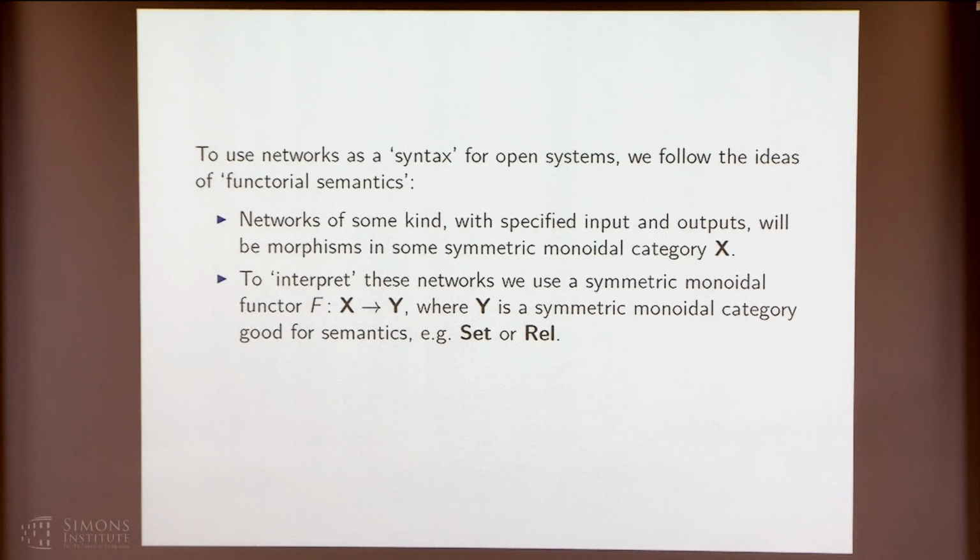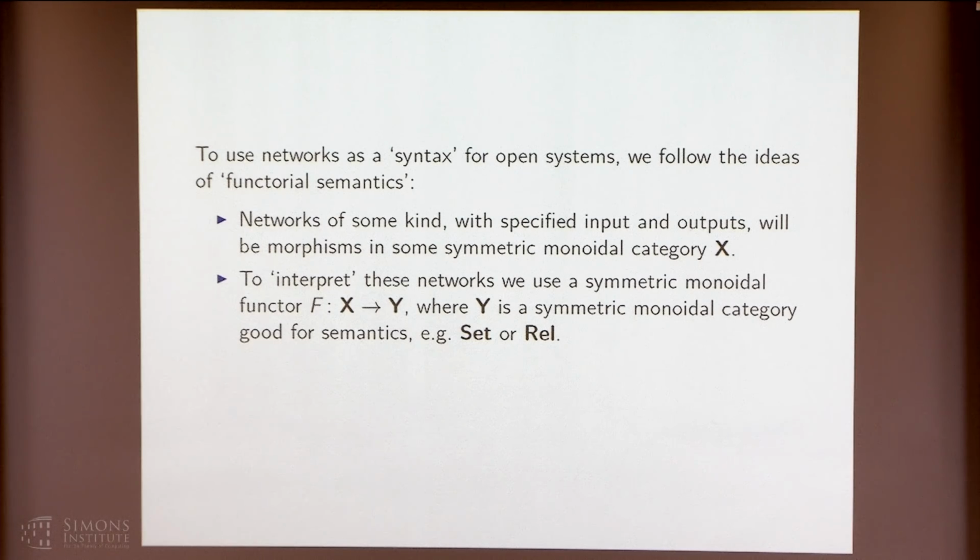But very often we want to use other categories besides the category of sets. Very often you might just want a relationship between the input data and the output data. The input data may not determine the output data. They may just need to obey some relation. And there are many other variants of this idea.